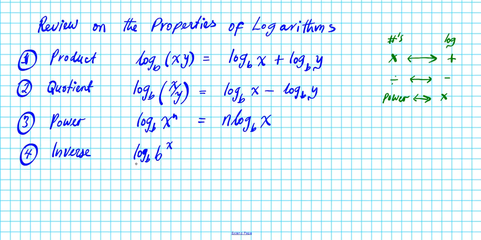Now your exponent and your logarithm have the same base, so they cancel out to give you x. And what if you have b raised to a logarithmic expression with a base identical to the base of your exponent? You have cancellation again, and this becomes x.